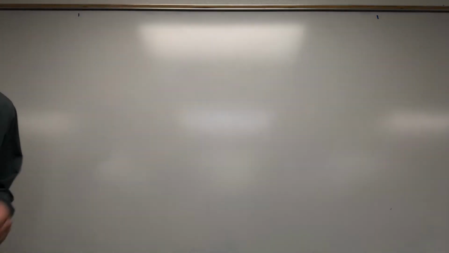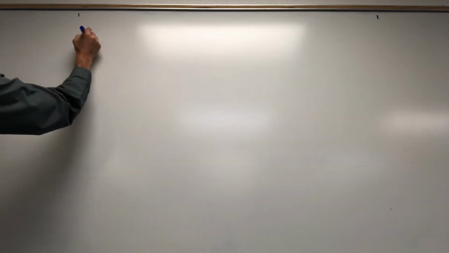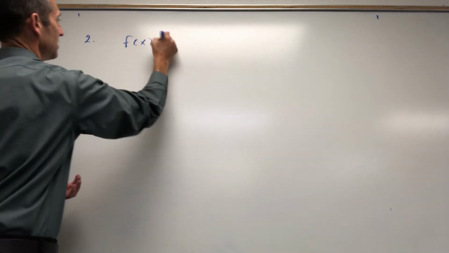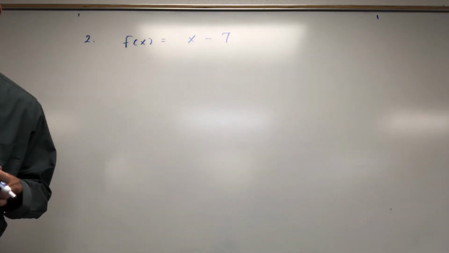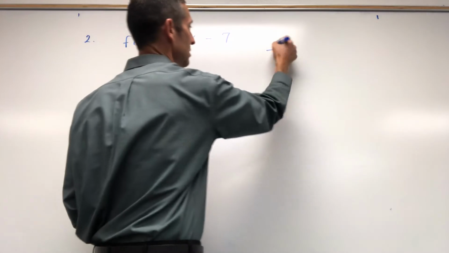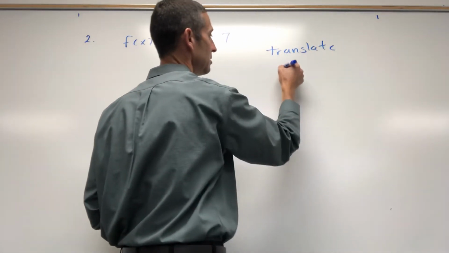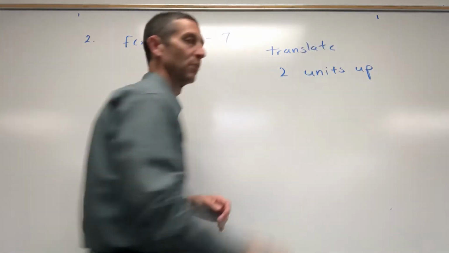So how this is going to look on your homework, we'll call that number 1. They're going to give you a function to start with, like f of x is equal to x minus 7. And then they give you directions to follow. Let's say we translate it 2 units up, so it's vertical.